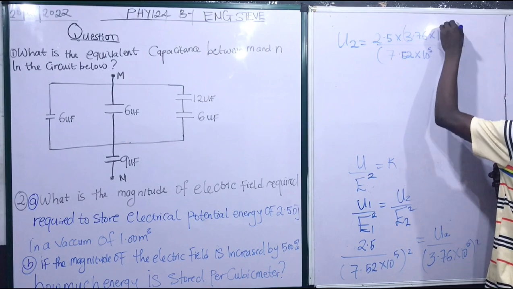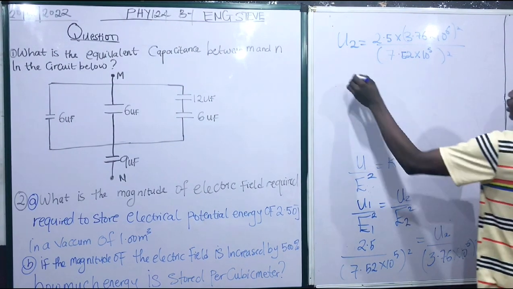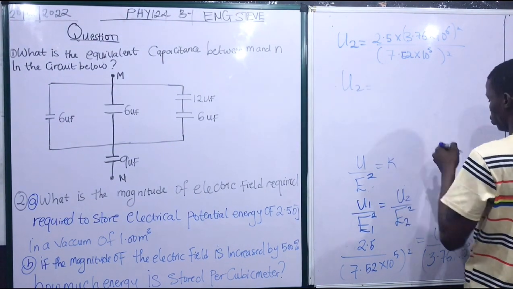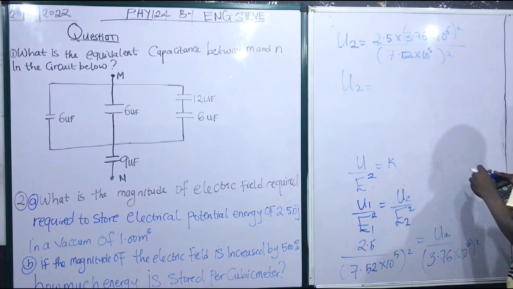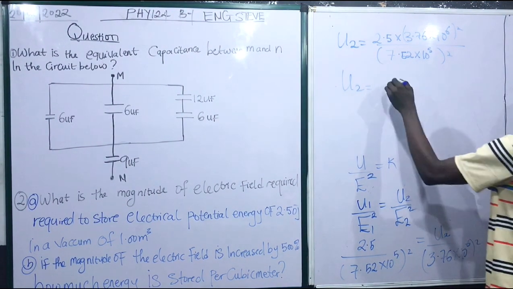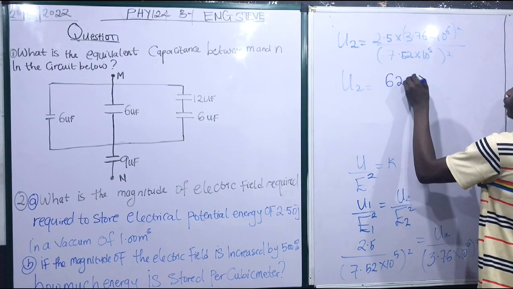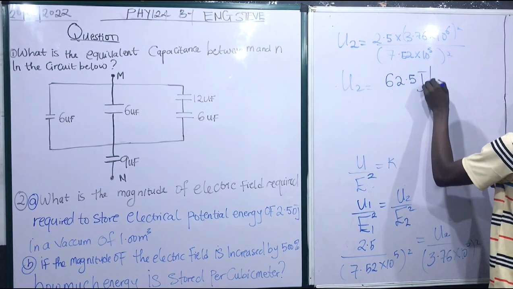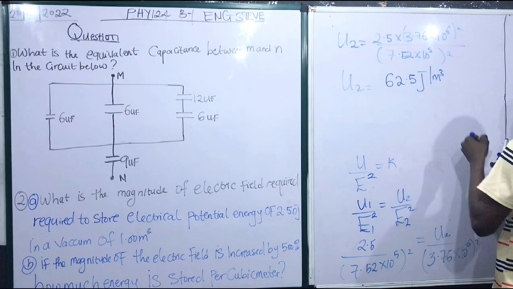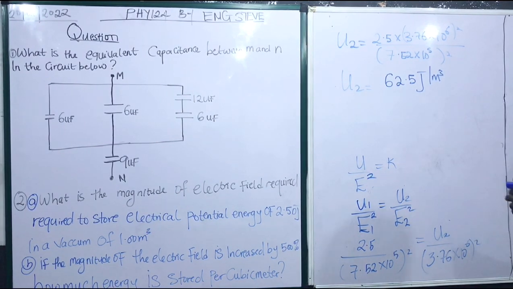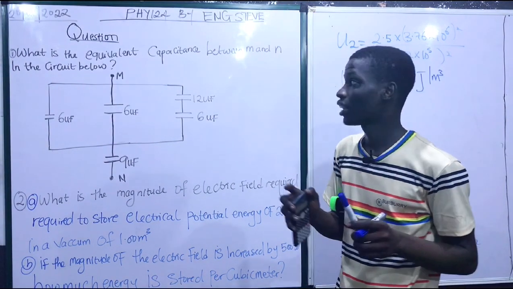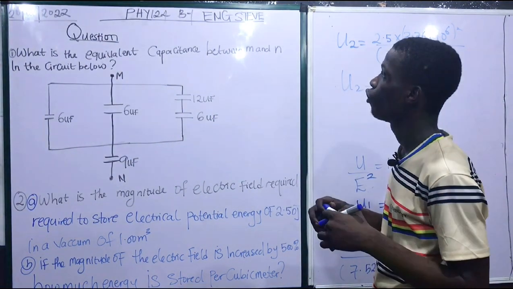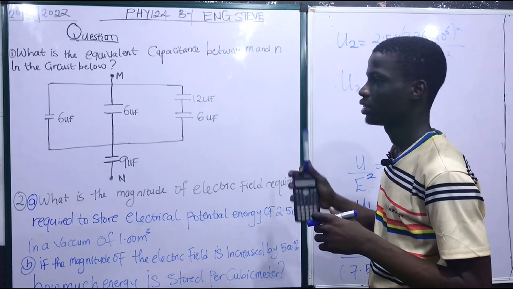Remember this one was squared like I said earlier. So if you punch your calculator, you'll be having our U2 to be equal to 62.5 joules per meter cube as your answer. So that is what we have for the calculation aspect for our capacitance.